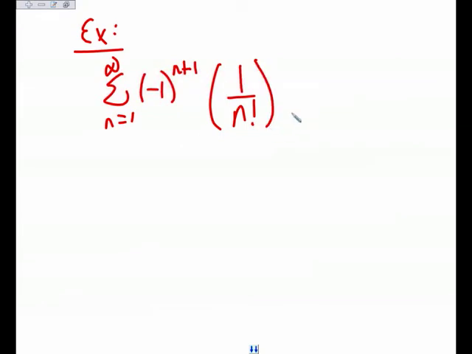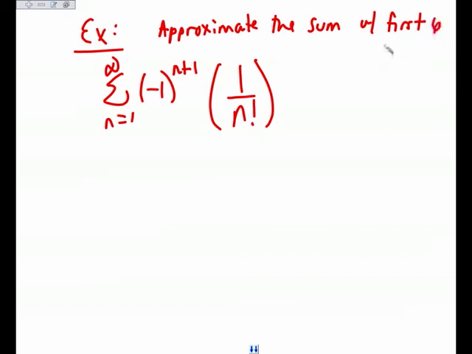And what we want to do is approximate the sum of the series by its first 6 terms. Okay, so how would we do that?